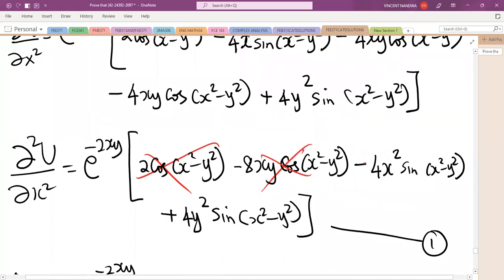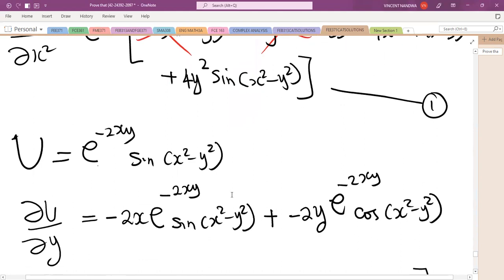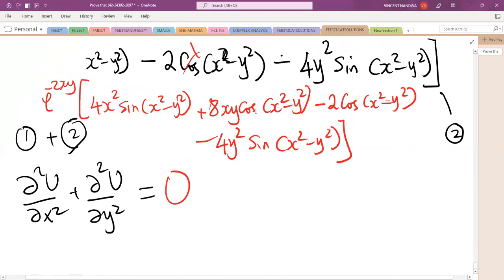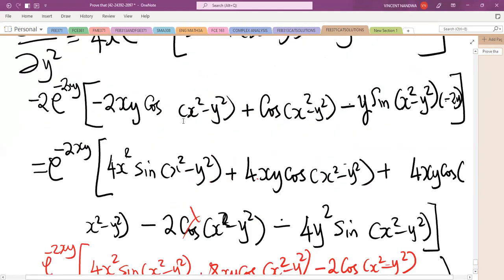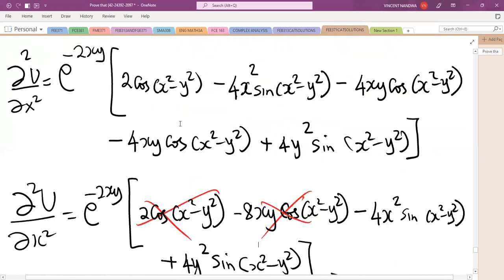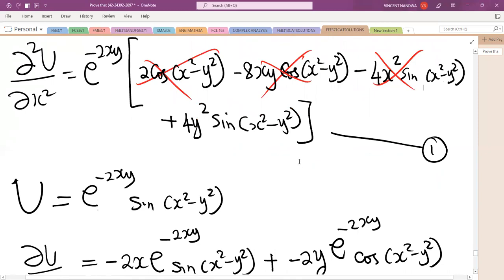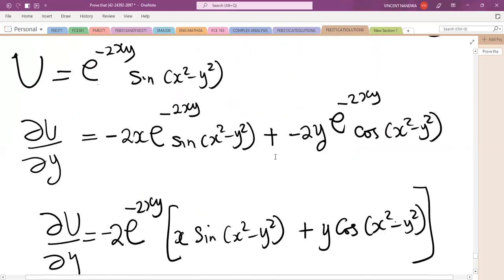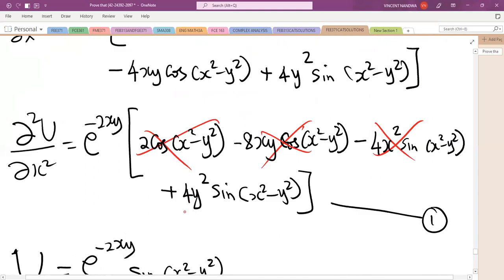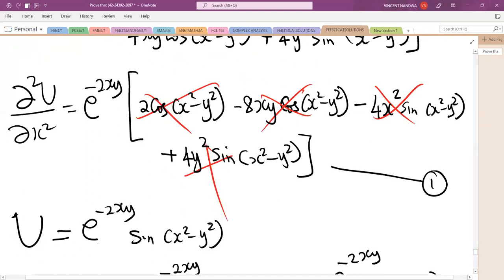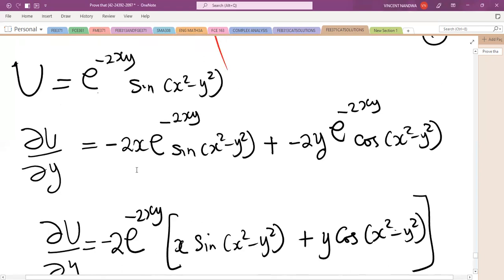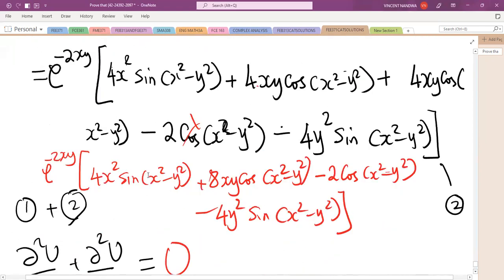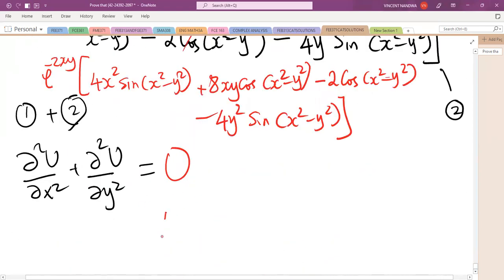Here we have minus 4x squared, while here we have plus 4x squared, so adding those two, you have eliminated this term. And then plus 4y squared, while here we have negative 4y squared, so the sum of those terms will give you 0. And so 0 times e raised power negative 2xy gives you 0. And that's how you are supposed to prove that.